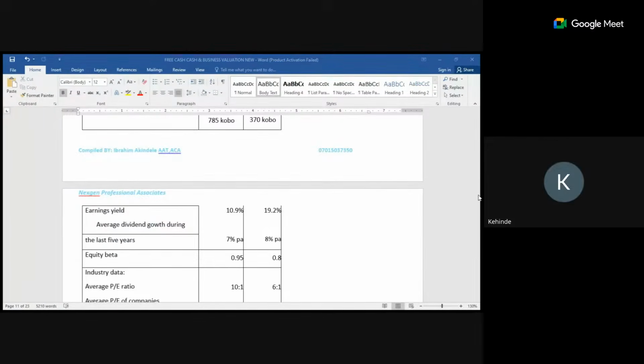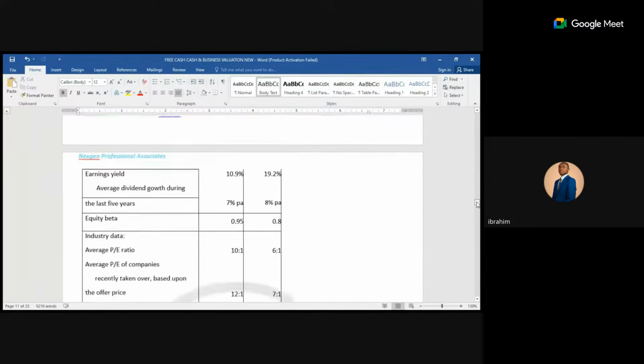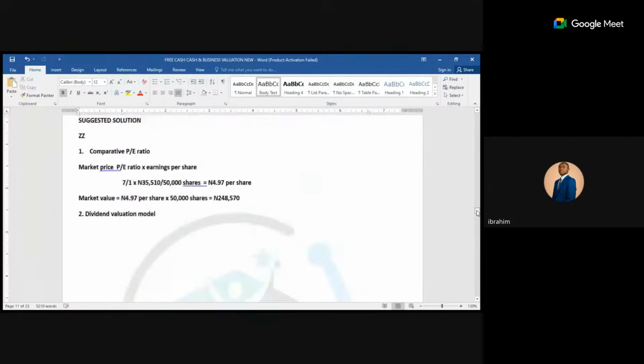So is it dividend with growth or without growth, class? Dividend with growth. Okay, thank you. So that is dividend with growth, right? Because they say average dividend growth during the last 5 years. It means that there is growth in dividend.